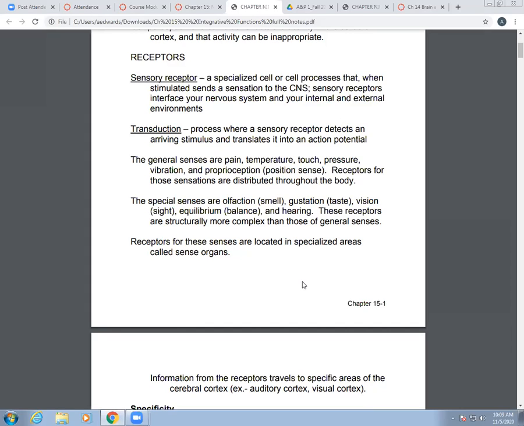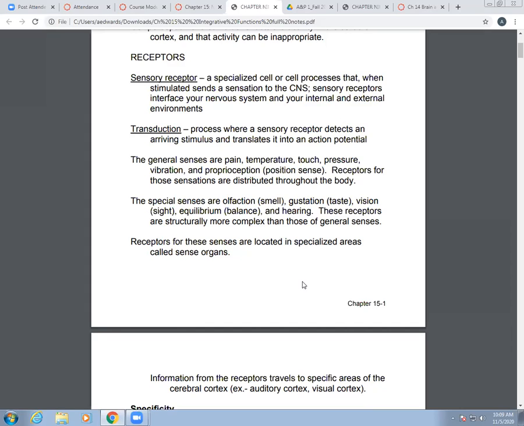Your special senses, things like smell or olfaction, taste or gustation, vision or sight, balance or equilibrium, and hearing. All right, so the receptors for these senses are typically more complex than the receptors for general senses, because in many cases they're having to do multiple things, not just one thing.